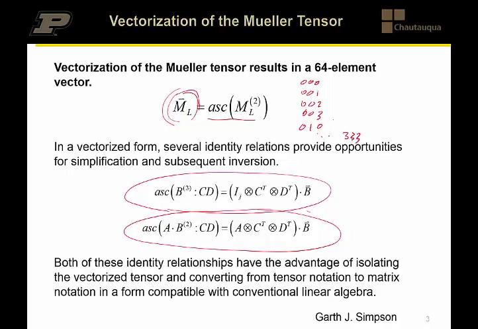The first pulls out the second order tensor, no matter what it is, whether it's chi or the Jones or Mueller tensor, and it allows you to isolate it from the tensor notation. And you can immediately see, once it's in this sort of format, if you can somehow invert this matrix, then you'll have all the elements of the Mueller or Jones tensor isolatable and solvable. And that's a key advantage.